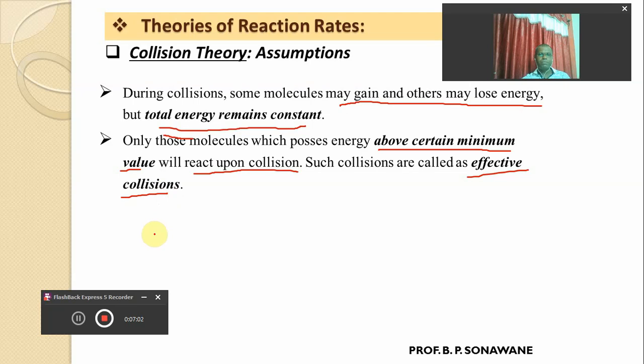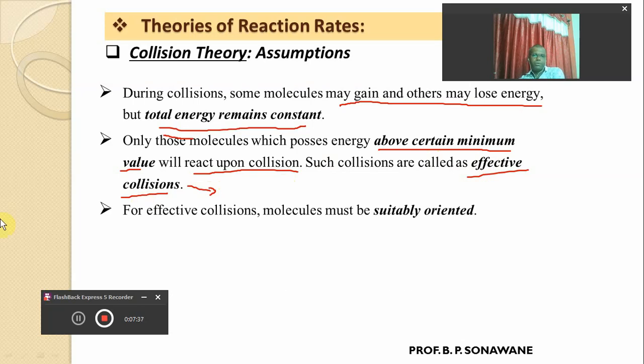So the energy of the molecule after collision must be equal to or greater than the energy of activation. Then and only then the molecule is able to react, and such collisions, which have energy above a certain minimum value, are called effective collisions.